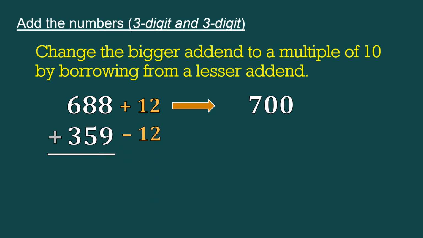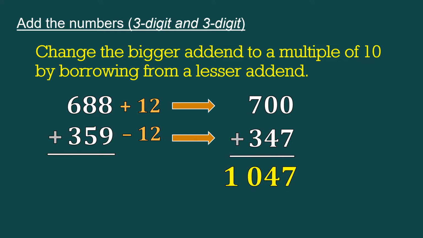Since we borrowed 12 from 359, 359 becomes 347. Then, we add the newly formed addends. 700 plus 347 is equal to 1047. So, the sum of 688 and 359 is 1047.